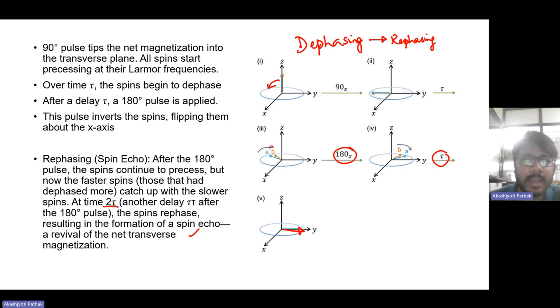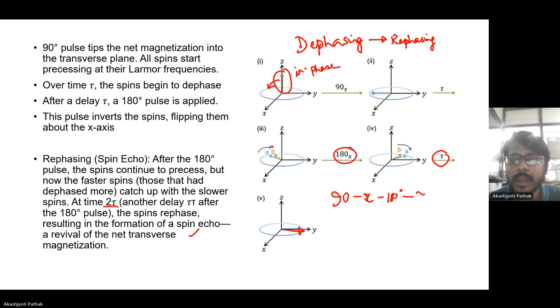Initially we had seen that both were in phase. Now, finally, after this pulse sequence, 90, tau, 180, tau, and after this delay, both again come in phase, and this will give us the net transverse magnetization.